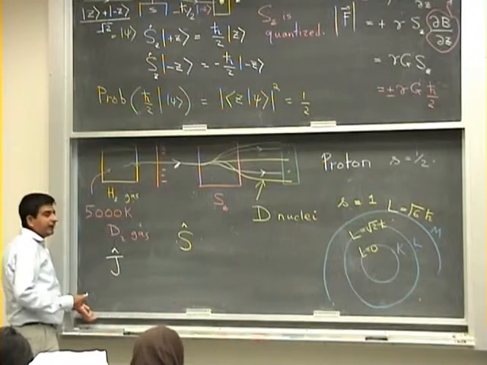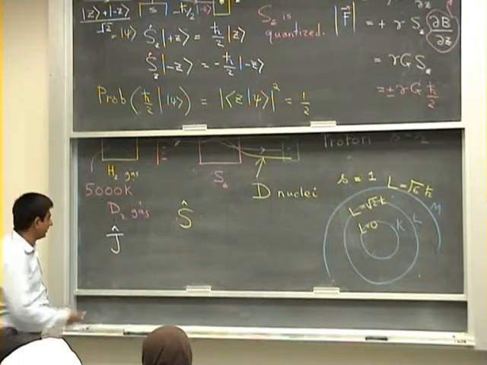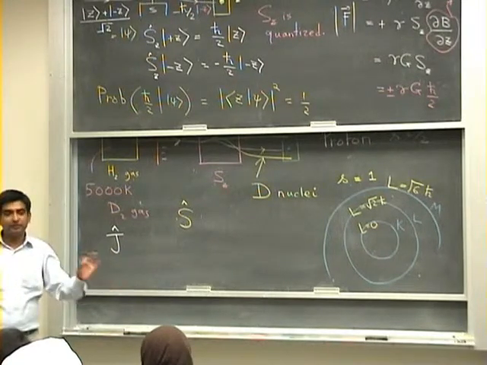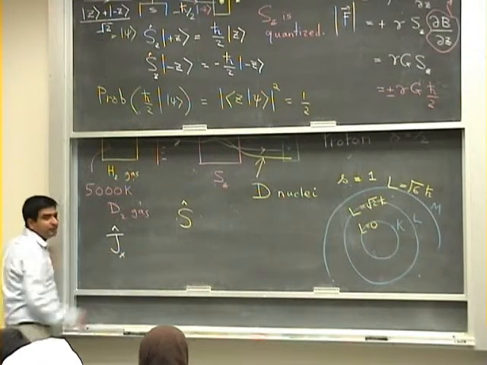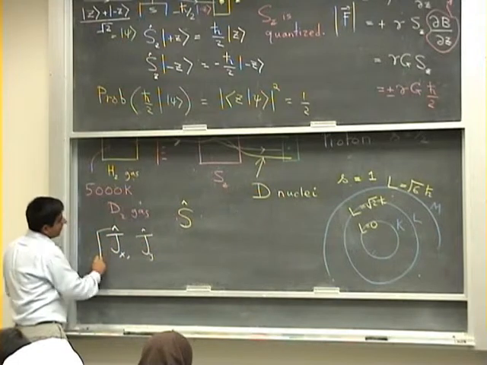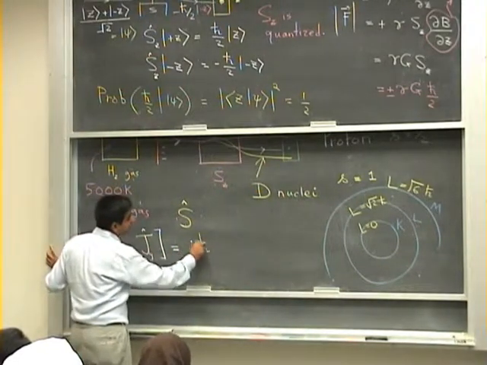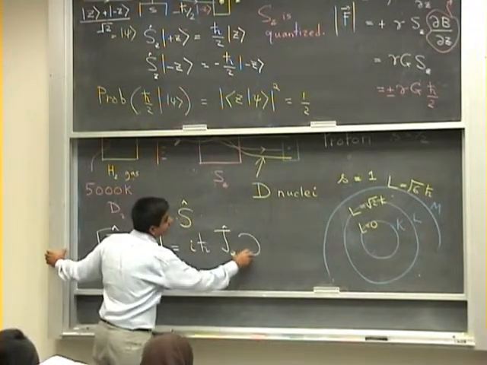And there are certain commutation relationships between these angular momentum operators, analogous to what we learned about the spin half particle. If I take the x component of the angular momentum and commute it with the y component, I will get i h bar Jz, and all its cyclic variations.